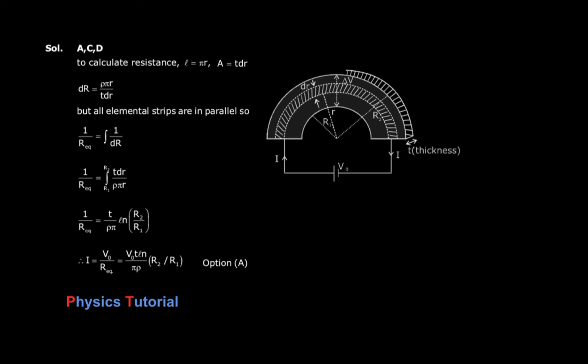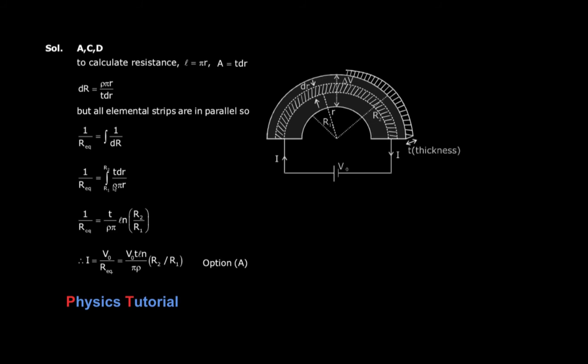So what do you find here? First of all, to calculate the resistance, the entire length L is pi r. So dR is equal to rho pi r upon t dr. But all the elemental strips are in parallel, so as I told you, 1 by R equivalent is equal to the integral of 1 by dR, from r1 to r2, t dr upon rho pi r.